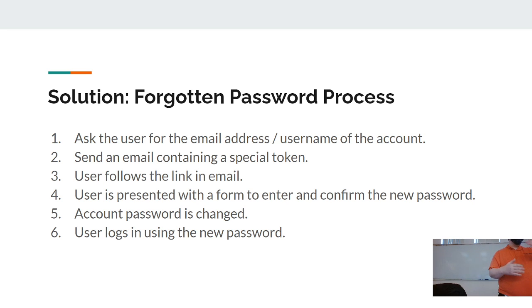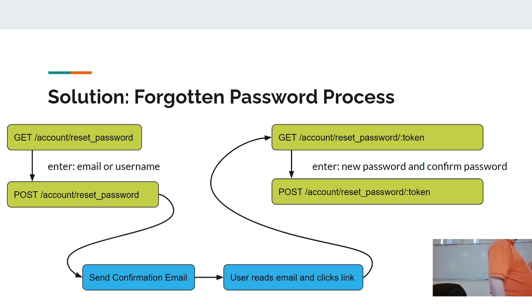Then, just like we did with the previous one, you send them a token that includes kind of the same information as for verifying the email. They follow the link, and that form is where they enter the new password and the confirm password. You then change the password, assuming those are good, and the user logs in with the new password.